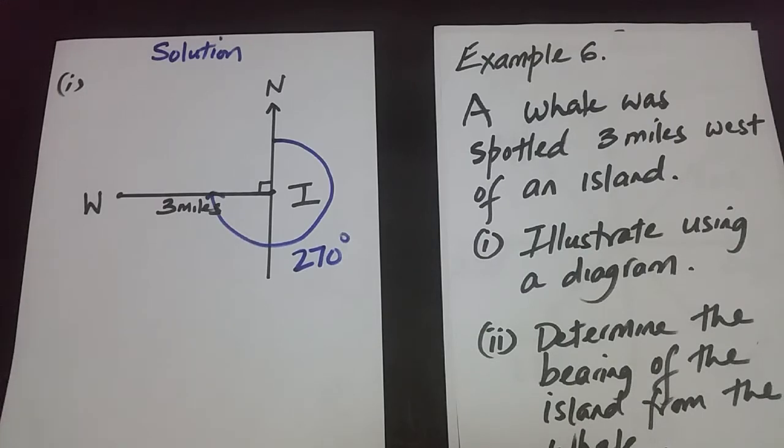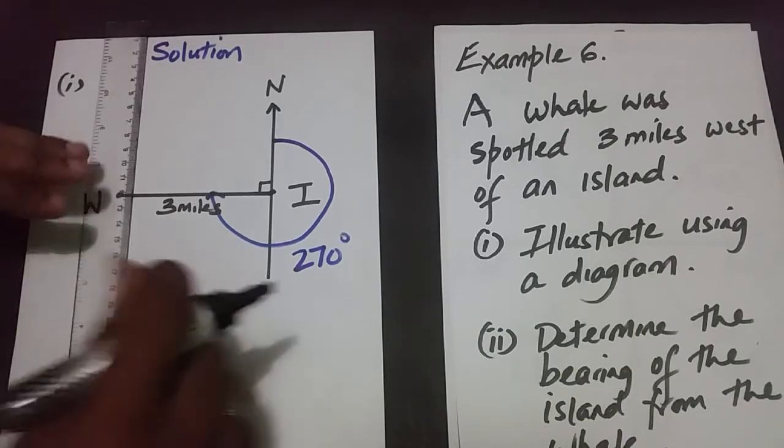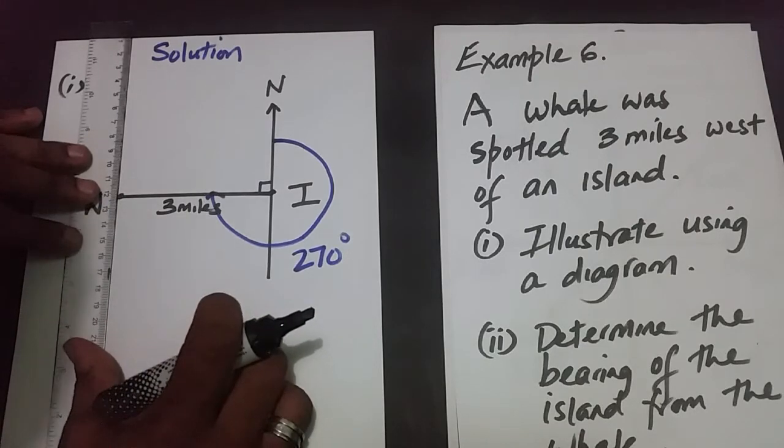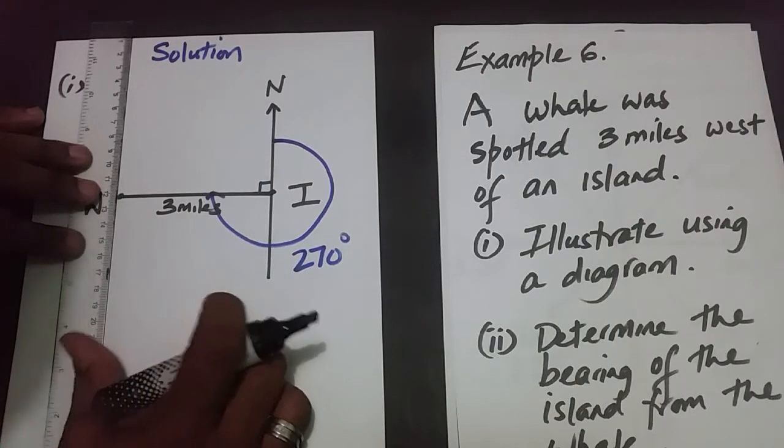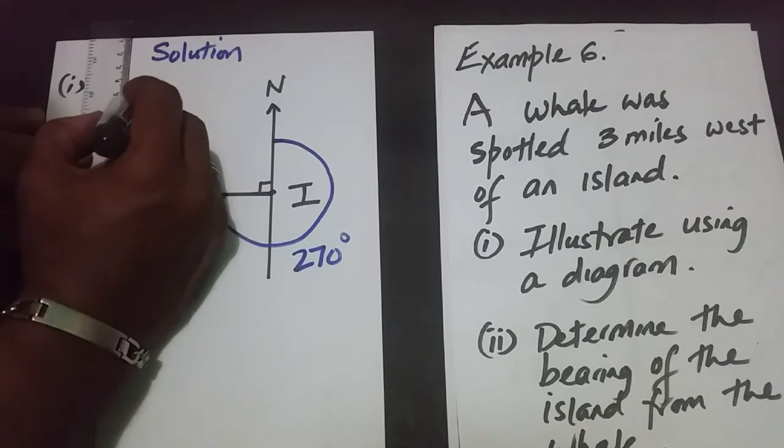Now in answering part 2, of course, you're going to have to use the same diagram. So obviously you're not going to draw another diagram. So part 2 says determine the bearing of the island now from the whale. So all I'm going to do is draw a north line through the whale, and again, north lines must be parallel to each other.